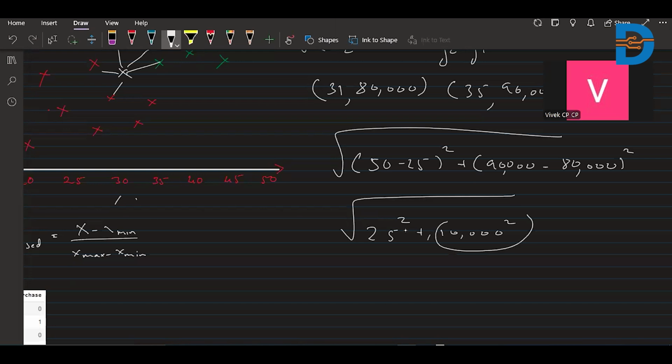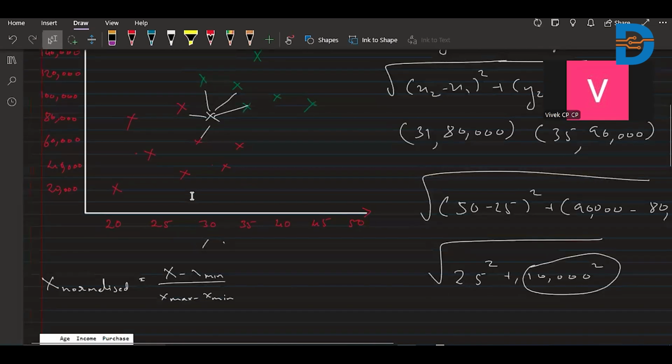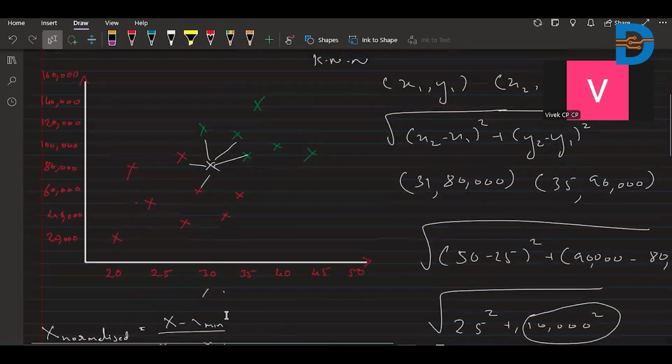Your income variable is overshadowing, overpowering the contribution of the age variable. But we do know that age is an important variable, right? What age you are as a customer has a lot of say on whether or not you're going to buy that product. So it's an important feature, but it is getting overshadowed only because of the scale that it is being recorded in, right?